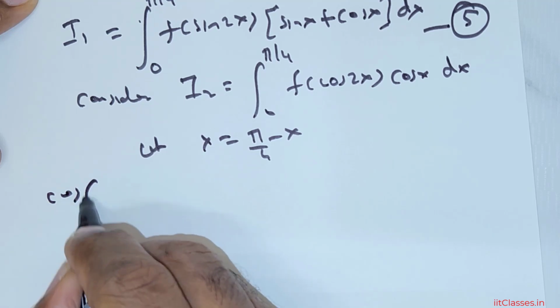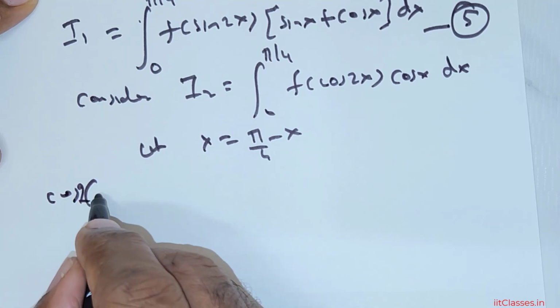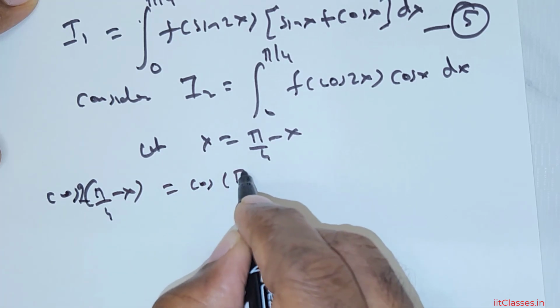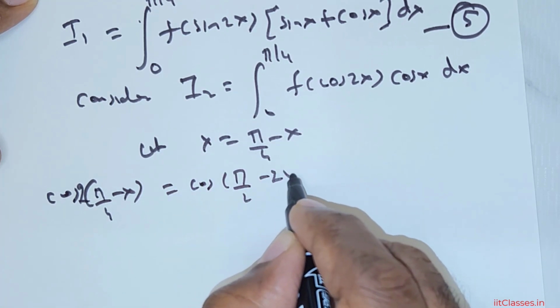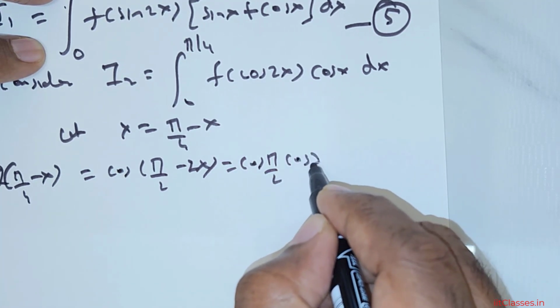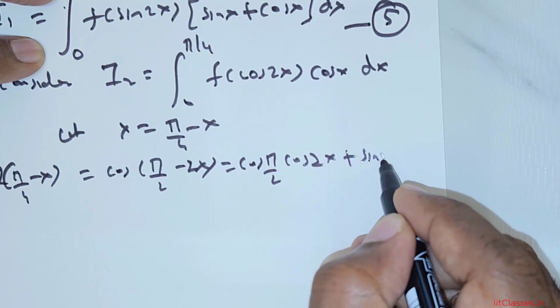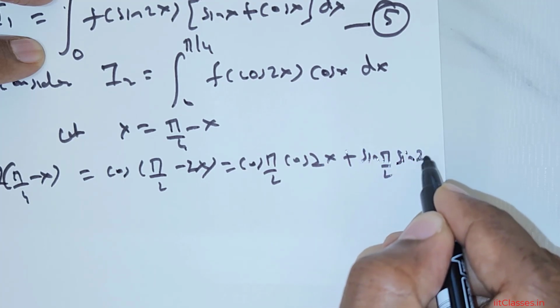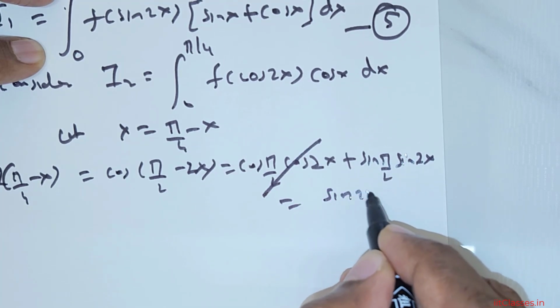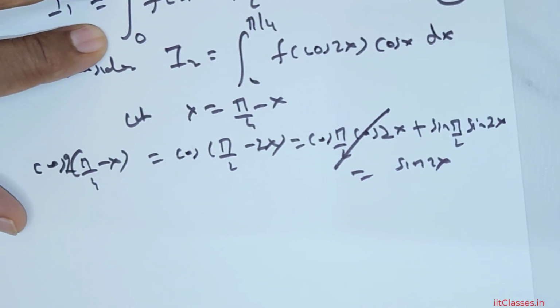So cos 2x becomes cos of pi over 2 minus 2x. So this is going to be cos pi over 2 cos 2x plus sine pi over 2 sine 2x. Now this one goes off, so this will give you sine 2x, right?